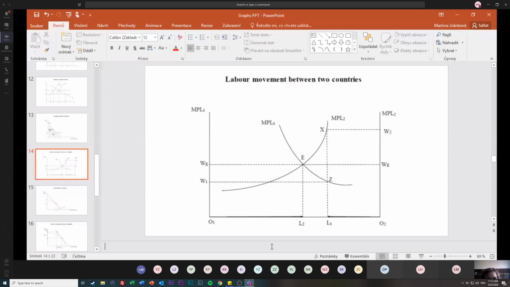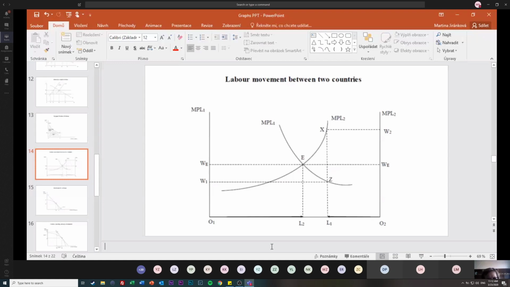Number 3. A, the equalization of products in both countries, false, it's not true. B, the equalization of wages in both countries, true, B is true.